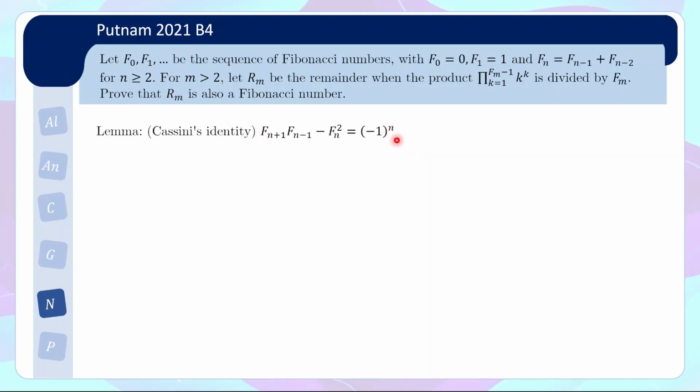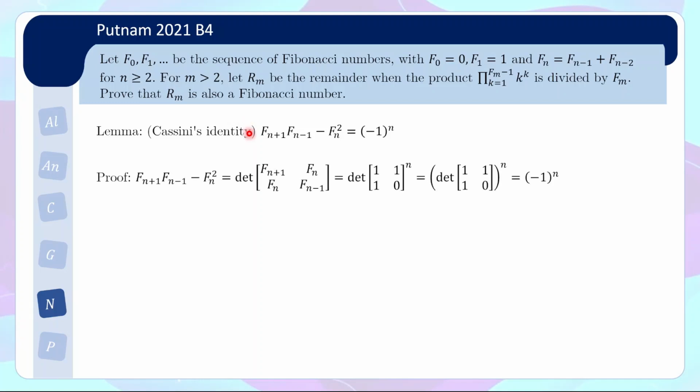Now, if you find yourself wanting to prove something like this, you can obviously use induction. Induction will give you a very easy solution, but I want to take the opportunity to show a really nice way to prove this, which is to use matrices. You can write this expression as the determinant of this matrix, because this times this minus this times this gives you basically this.